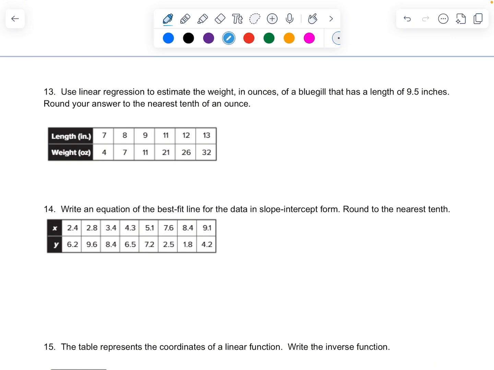Use the linear regression to estimate the weight in ounces of a bluegill that has a length of 9.5.